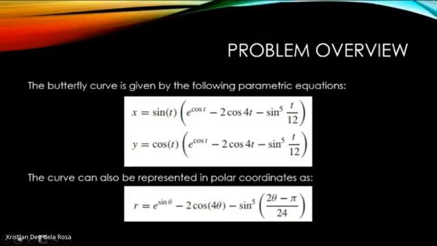However, the curve can also be represented in polar coordinates, such as r. As long as I know r and theta, I can plot all of the points of this butterfly curve in polar coordinates.